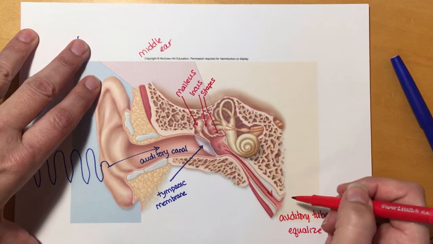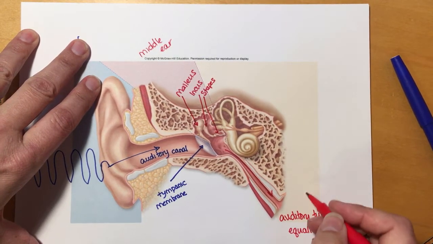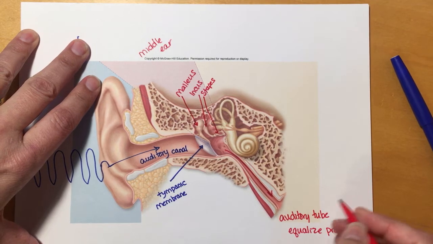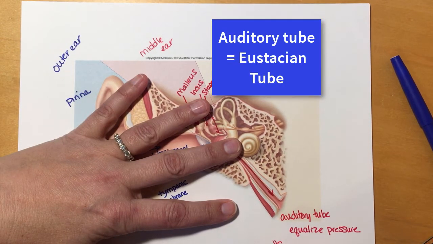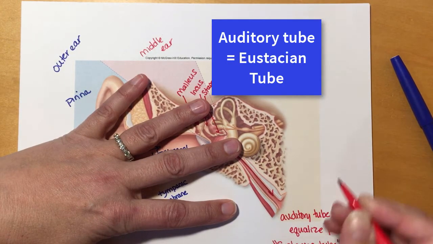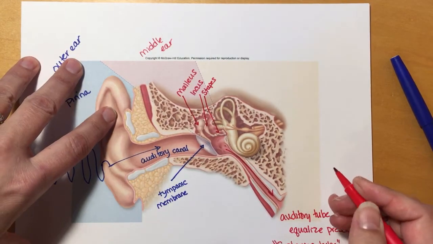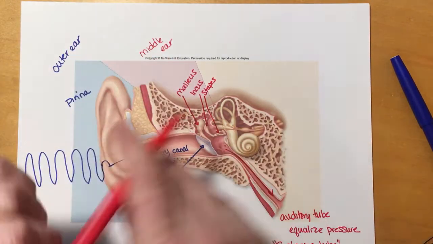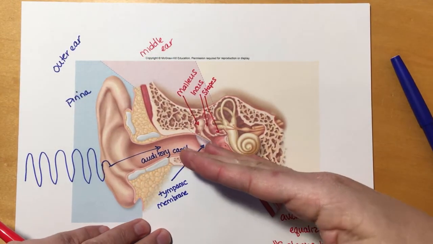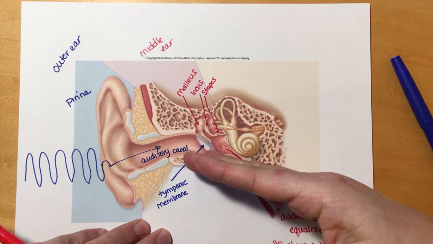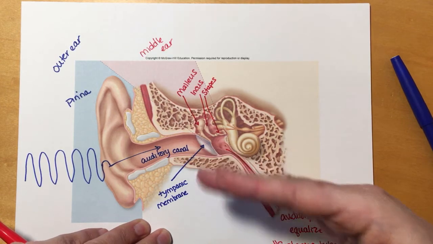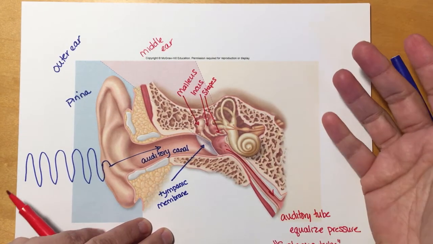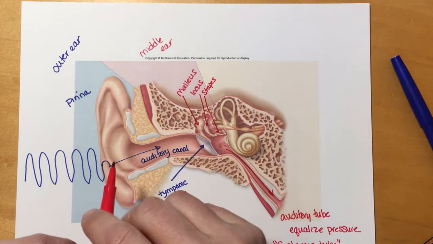Now, one of the issues that kids can have with the auditory tube, sometimes it's also called the Eustachian tube. One of the problems that kids can have with this is that when they're very small and the face is sort of shorter, this auditory tube will be at much less of an angle. It's really quite horizontal. And the back of the nose and the back of the mouth have a lot of bacteria and pathogens and things in them.